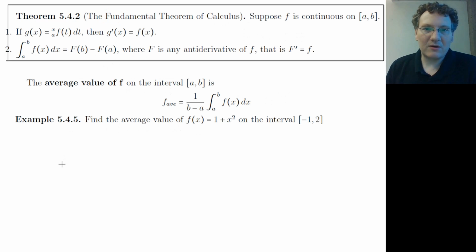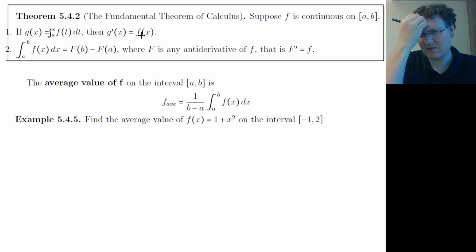So here we have another form of the fundamental theorem of calculus, and it actually has two parts. The first we've already looked at: if g of x is the definite integral from a to x of f of t dt, then g prime of x is f of x.